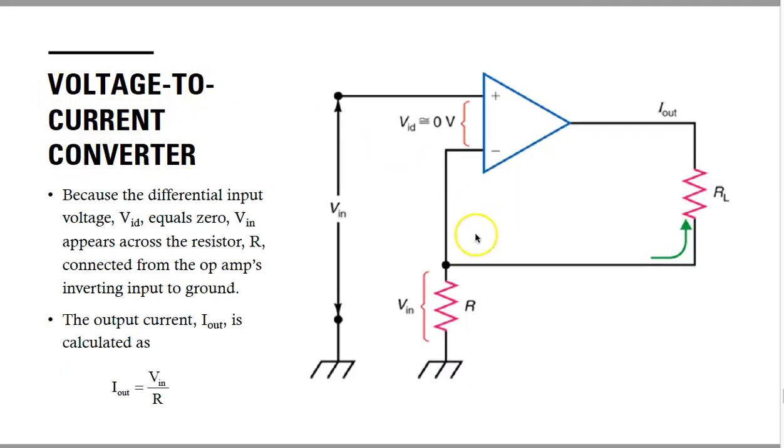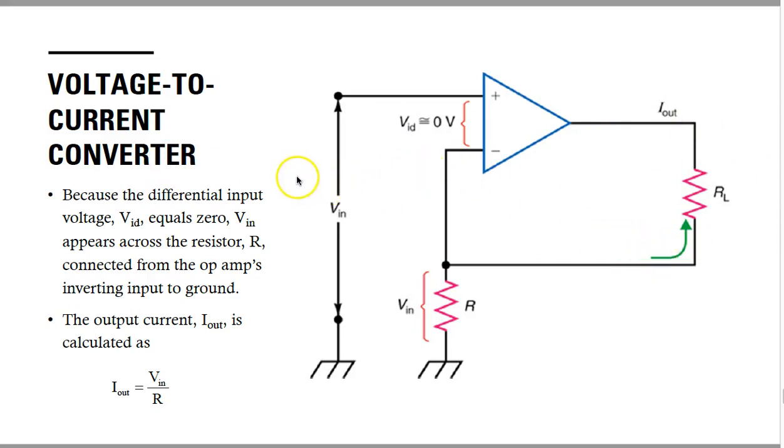Here you can see the circuit of the voltage to current converter, which has inverting and non-inverting inputs, where the inverting input is equivalent to 0 volts, and the load resistance is connected this way. In this type of circuit, it is necessary to have a constant load current.